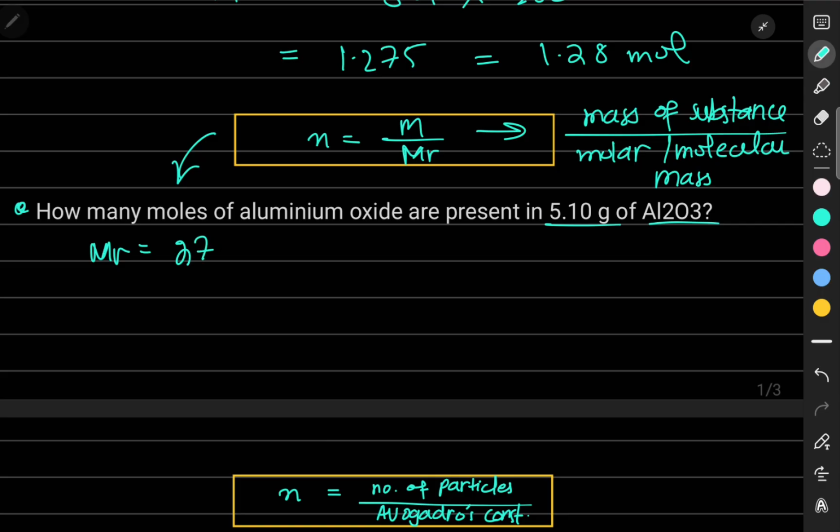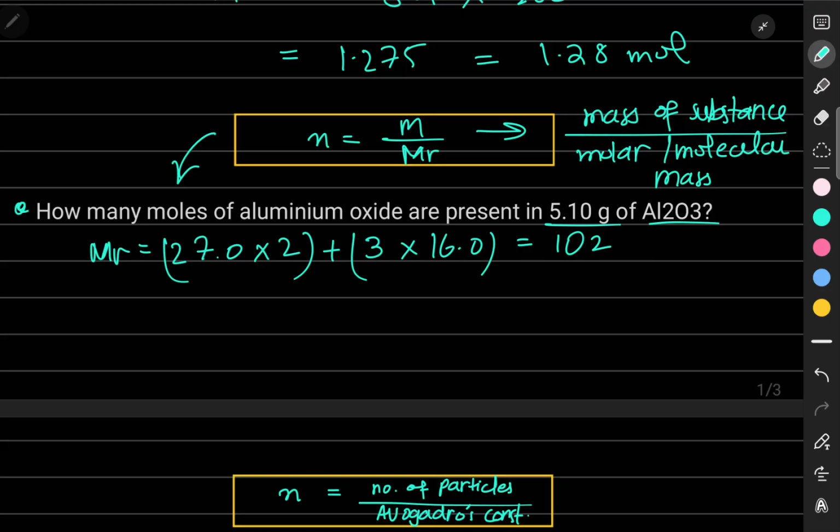So that's 27.0 times 2 plus 3 times 16, and that's going to give me 102.